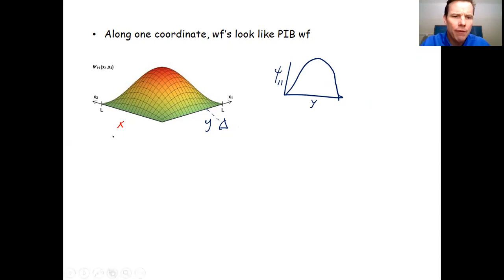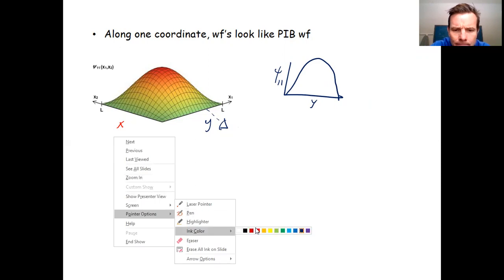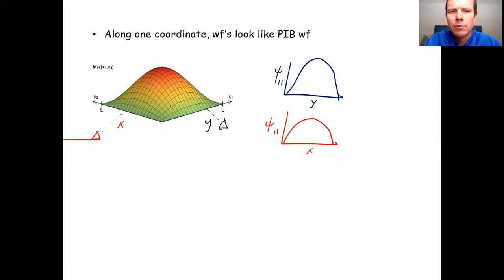If I looked at any dimension along the x-axis, it would look like a 1D particle in a box wave function. And when you start to put this all together, you get this type of representation. So this is psi 1, 1, the lowest energy wave function for a particle in a box.